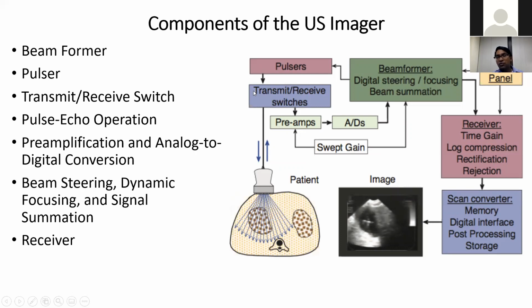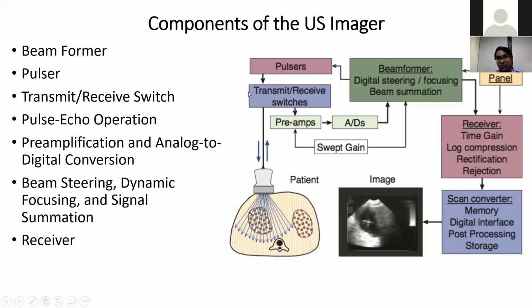When it's in transmit mode, it only sends acoustic energy out. And when it switches to receive mode, it stops sending energy out, but it starts receiving echoes back. And those echoes that are received back create electrical voltage in the PZT, and that electrical voltage is then recorded.